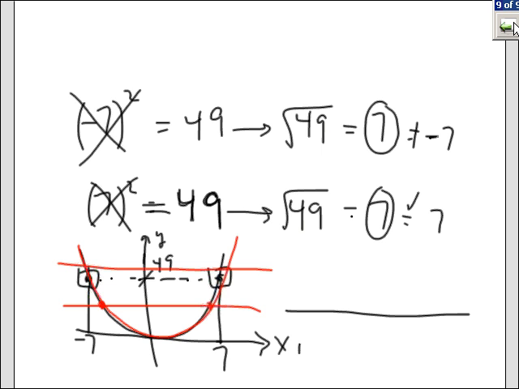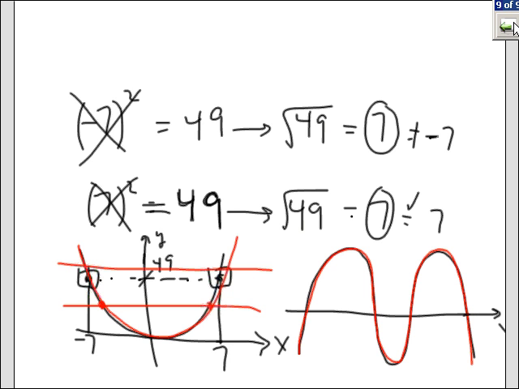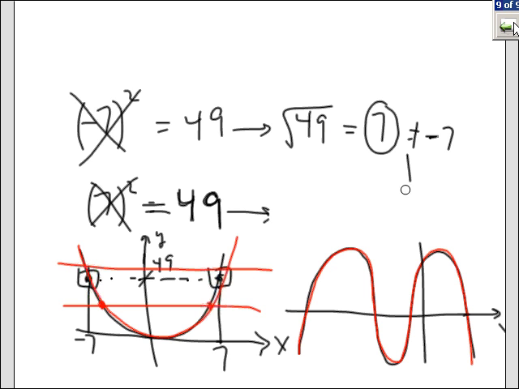If you have this function right here, let me draw the graph in red. If you have that function right there, here is your x-axis, right here is your y-axis. You're not going to be able to easily retrieve back a number.